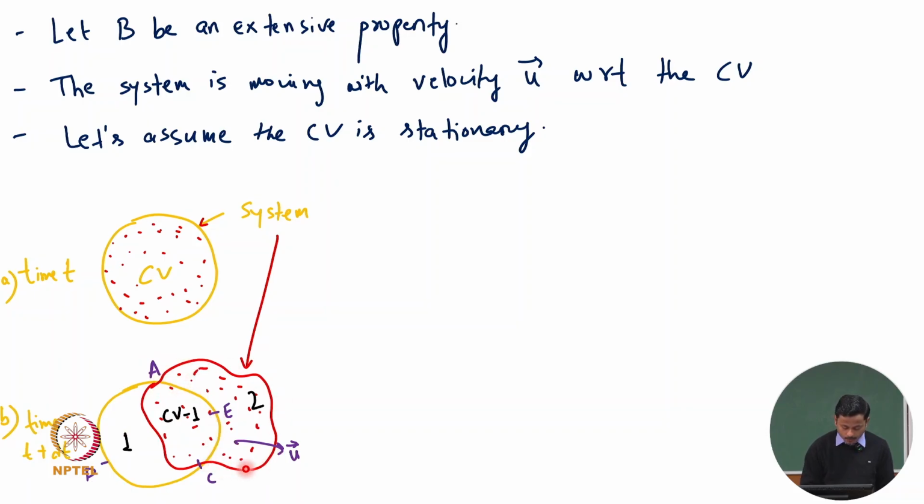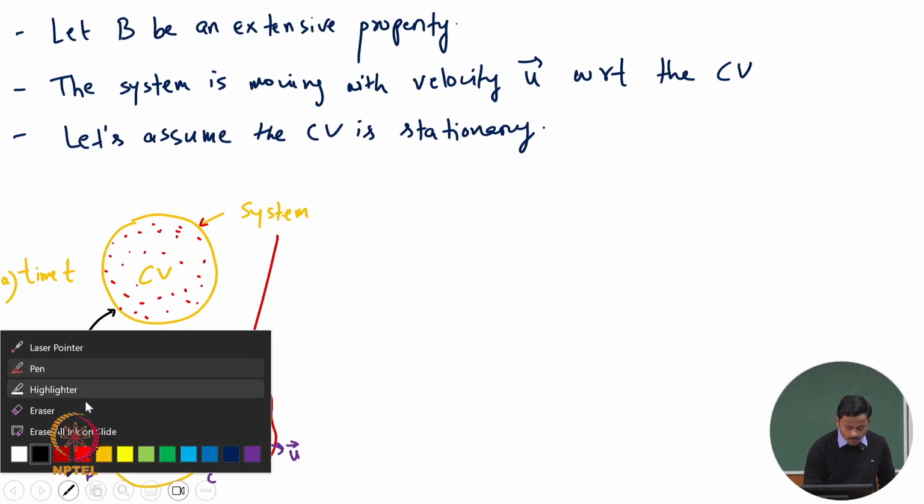So this is 2. This is CV minus 1, because the whole is CV and we have marked this as 1. So this is CV minus 1. And we have the control surface. So these are the control surfaces. The control surface is bounding the control volume.